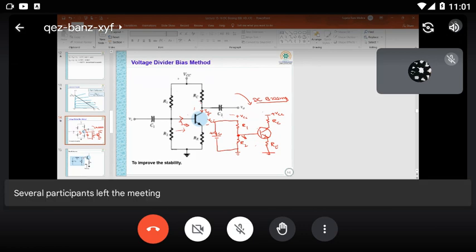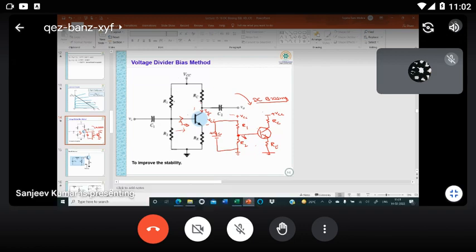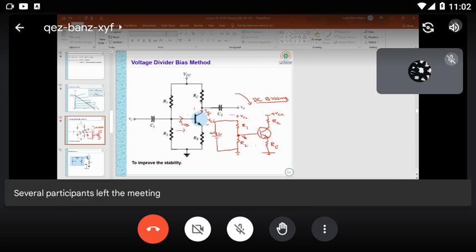Whatever VCC voltage you are giving is now divided across R1 and R2, because you will get two different voltages. In the circuit, the voltage across R2 acts as your input. I will tell you that derivation, but go through the book, and if there is any confusion, I will clarify it one by one.